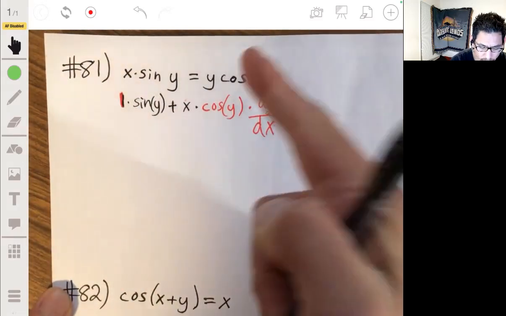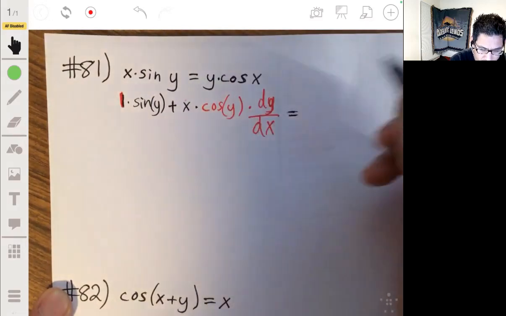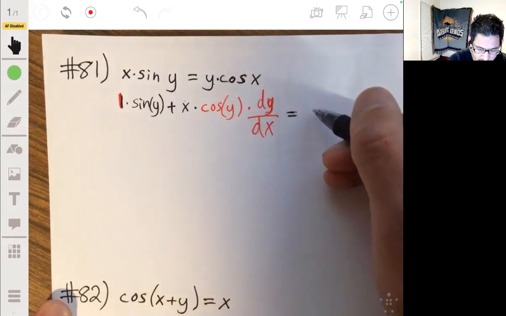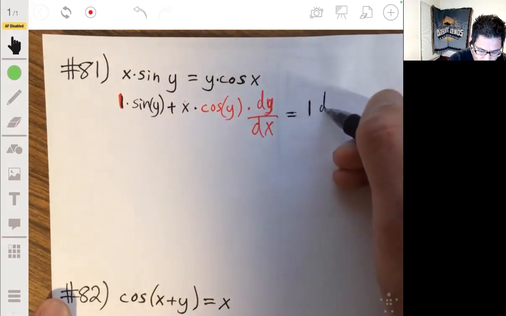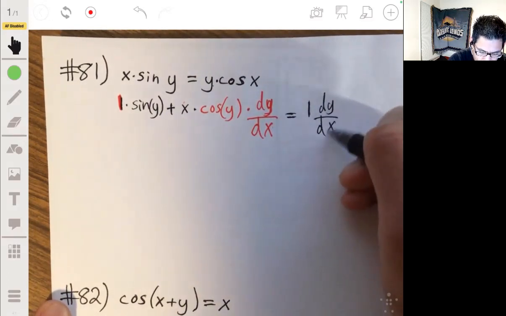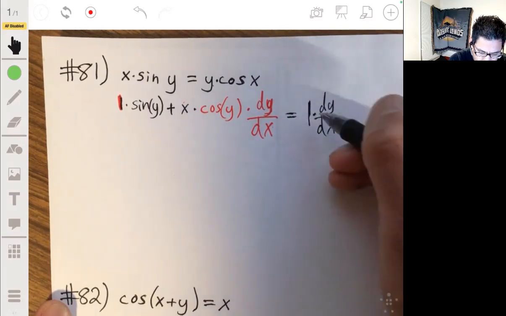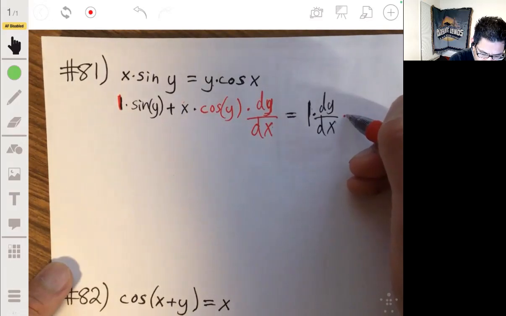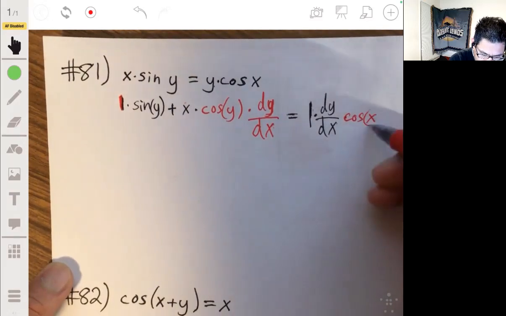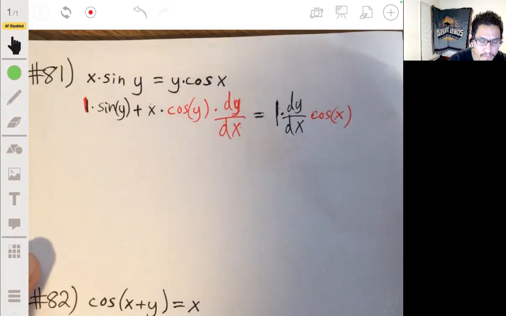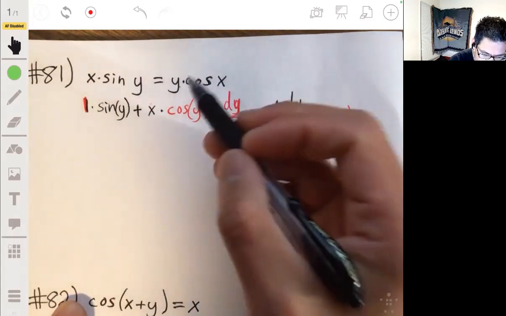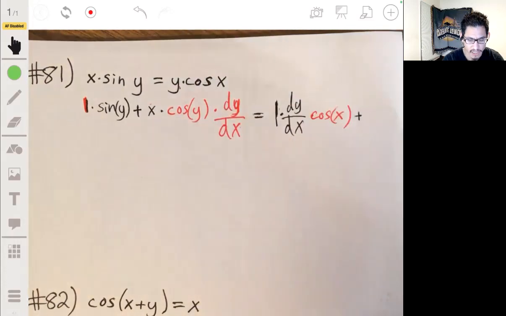equal to, and now again we use product rule, the derivative of y, which is just 1 times dy dx times the cosine of x plus y times the negative sine of x.